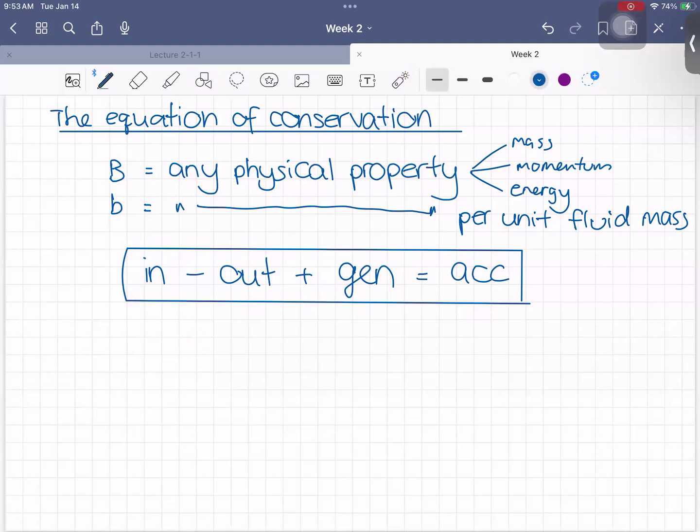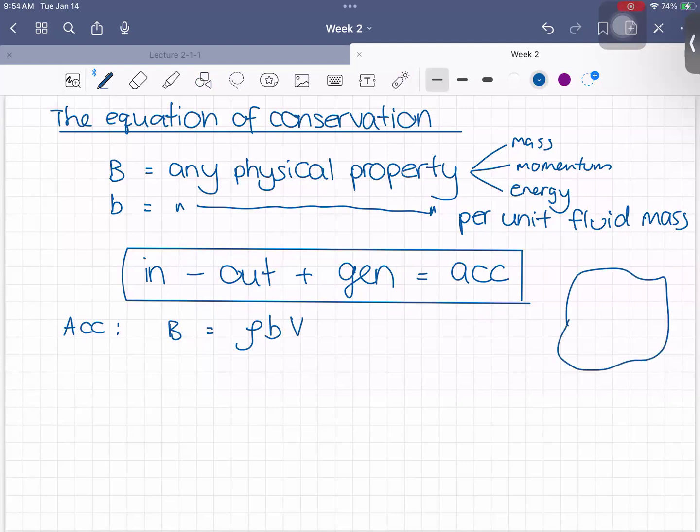Right now, let's start with the accumulation term. The accumulation term for B can be written as rho b dV, integrated over the volume V.